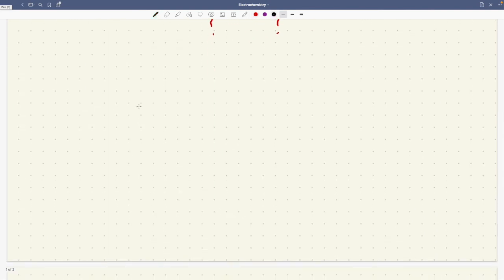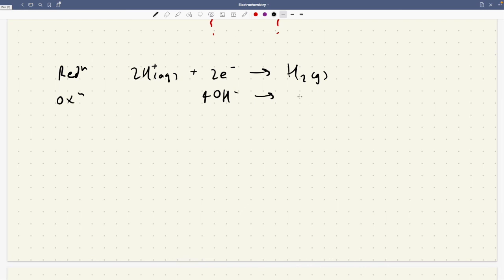So let's say at the reduction, we said that we had 2H+ aqueous plus 2e- go into H2 gas. And then our oxidation reaction, we had 4OH- go into 2H2O liquid plus O2 gas plus 4e-.